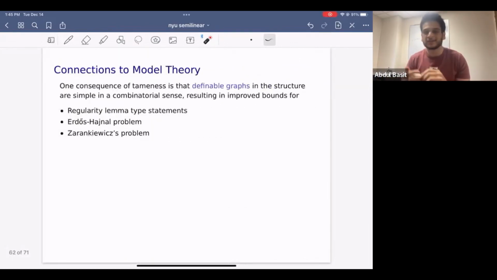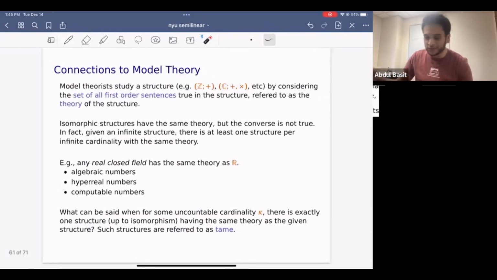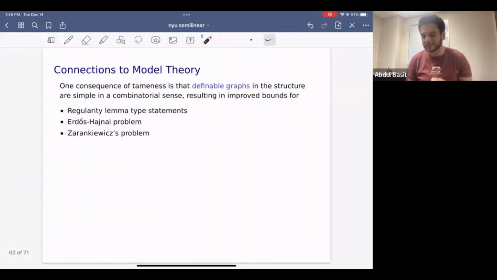Here's one consequence of tameness. If you look at theories and first order things, it's very abstract and vague, at least to me. But these things tend to have very combinatorial consequences. For example, if you look at graphs that are definable in these structures, so graphs with edge relations given by formulas inside these structures, then these graphs are much simpler than arbitrary graphs.